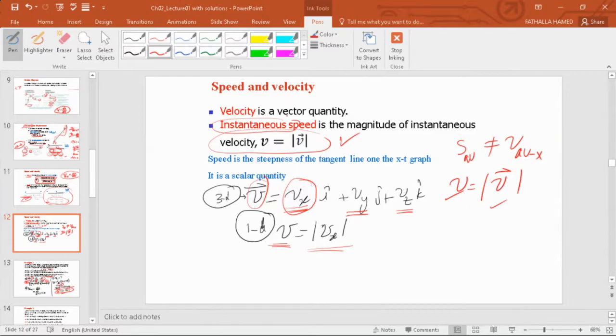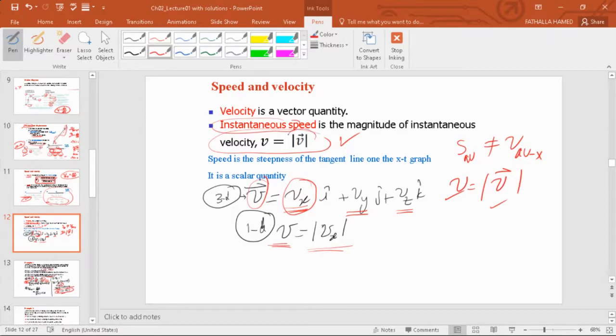When we talked about instantaneous velocity, we said that the difference delta x is very small, so it's almost going to be the distance. And that's why when we talk about instantaneous speed, you don't see an arrow on the top here. If you do not see this arrow, that means you're talking about speed.